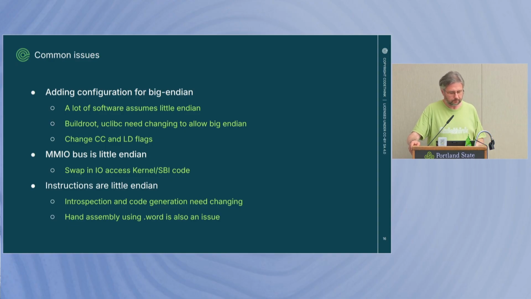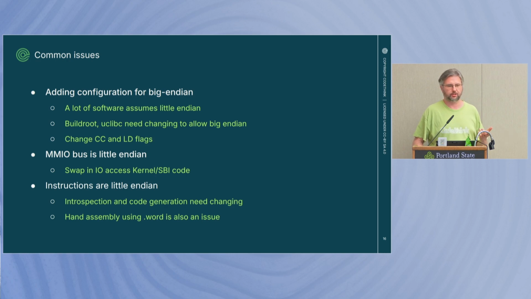The next big problem is that a lot of the memory mapped I/O is going to assume little-endian data, so we do end up having to, in certain places like the kernel and OpenSBI, do some swaps on I/O. Thankfully, Linux and OpenSBI tend to concentrate all these via a set of macros that you can go and change, and given quite a few other architectures do the same, we found that was quite easy to change.